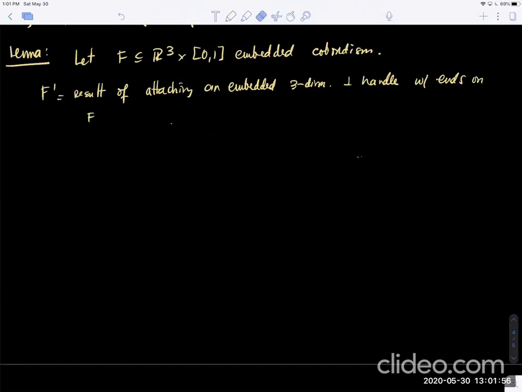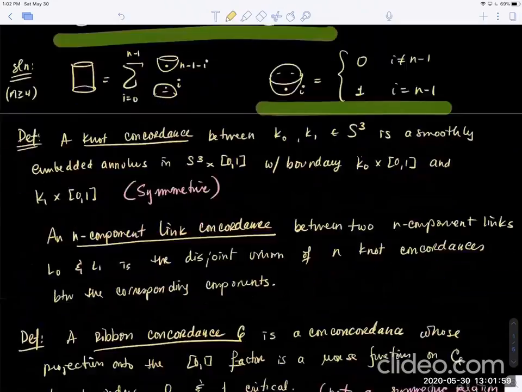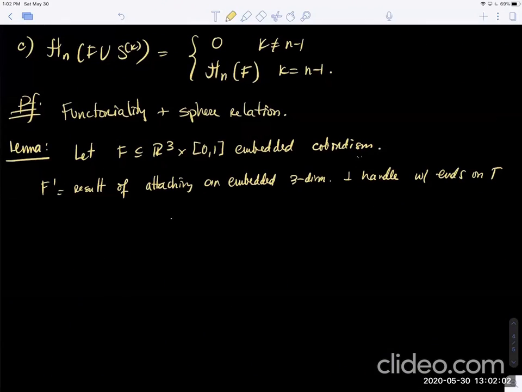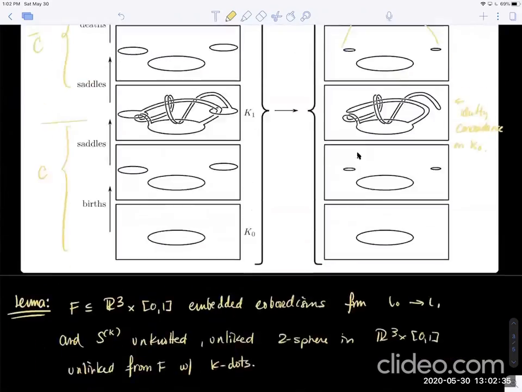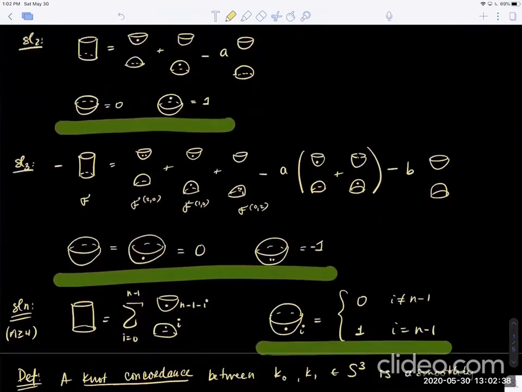So if you let F prime be this, then the claim is that, and we denote by Fij the result of taking F and cutting along that one handle, where Fij denotes the components that we get with the different dots, as I explained here.